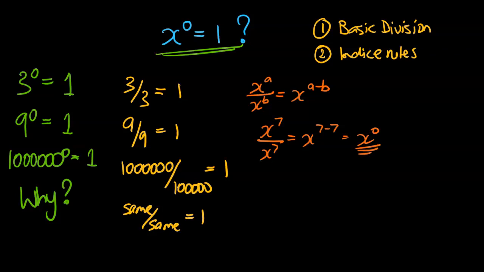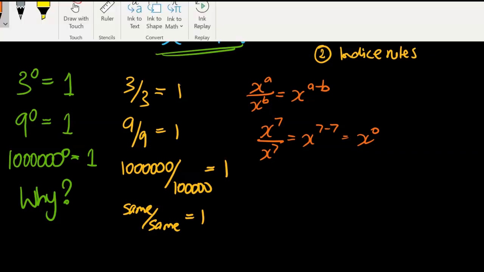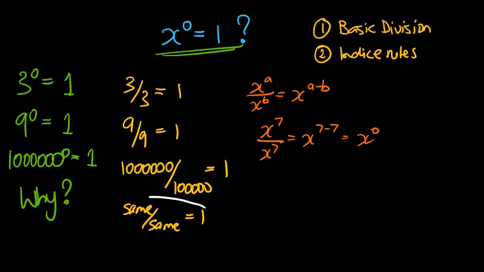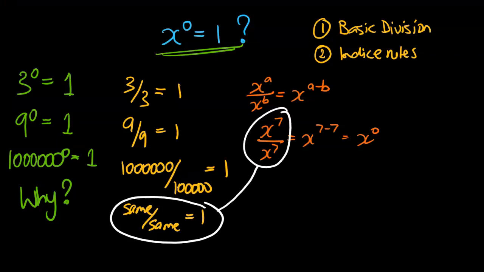I find that really interesting because x to the power of 0 is the focus of this video. So why is that equal to 1? I'm going to switch pen colors and link something from our two arguments. Same divided by same, and our initial step, x to the power of 7 divided by x to the power of 7, are the exact same thing. We know the same number divided by itself is equal to 1.